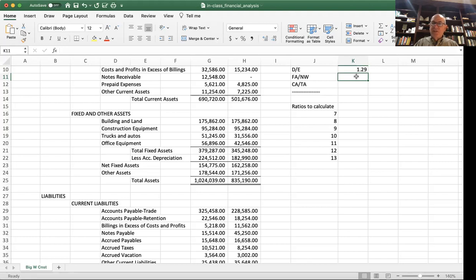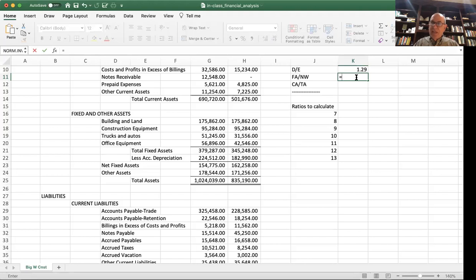Okay, this next ratio is fixed assets. That's plant and equipment, things like that, to net worth. So once again, net worth for us will be that total equity number. And so fixed assets, we've got that number, right?